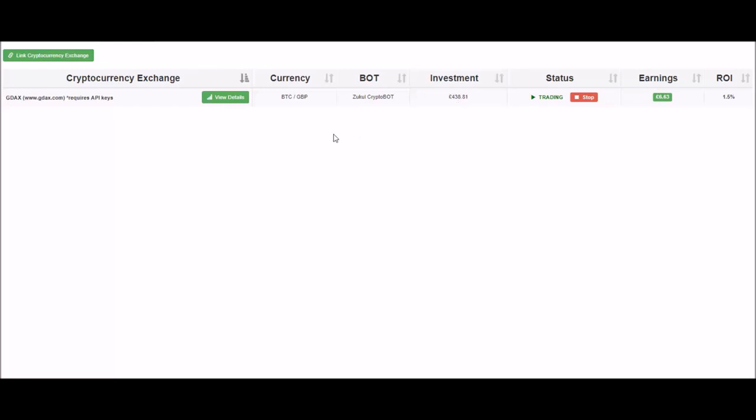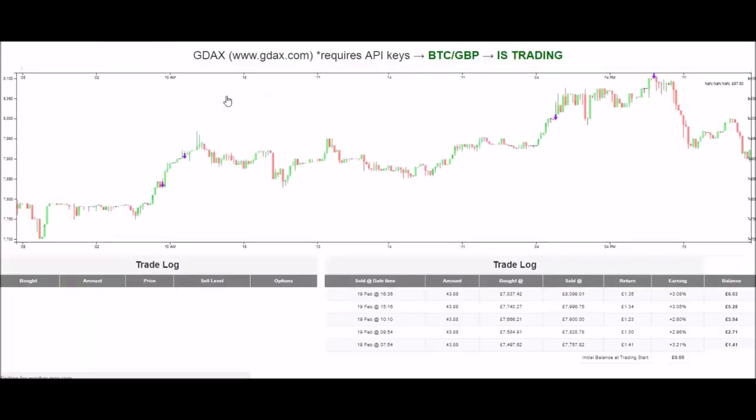Now let's have a look at the actual details. In order to do that, we'll click on the green button here. Okay, and as you can see, this is the way that it operates. This is live trading, so there's no shenanigans going on here.